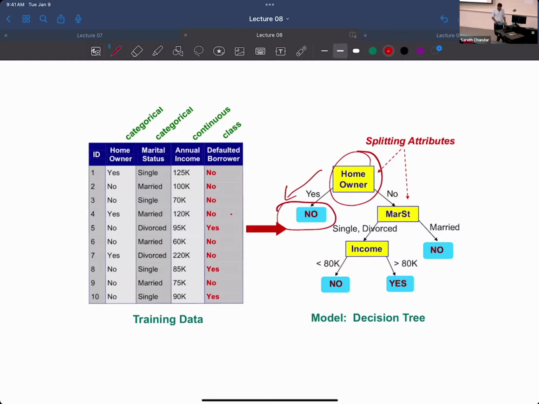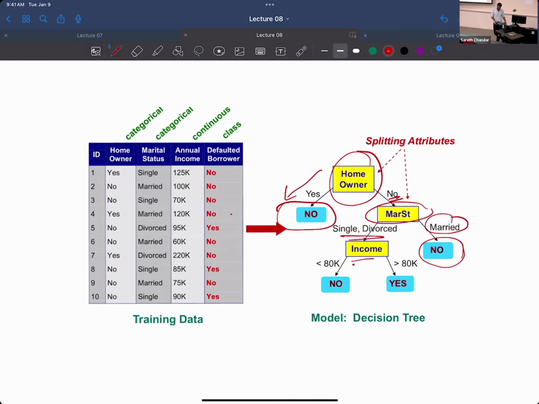If the answer is no, then you check the marital status of the person. If the person is married, then this tree says you can trust them. They're not going to default on the loan. If they're single or divorced, they don't have a family, so they could take risks.